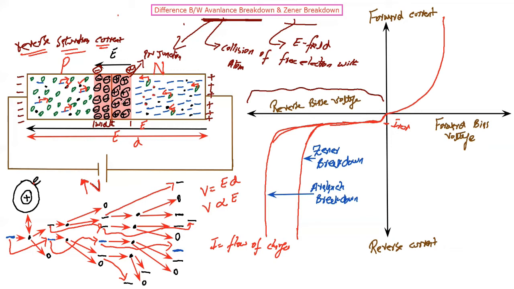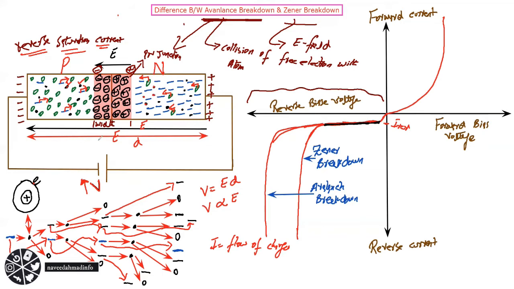After this breakdown, the junction cannot regain its original position because the diode is completely burned off, and a very high saturation current will get generated. As you see over here, because of the small number of minority carriers, the value of reverse saturation current is low.